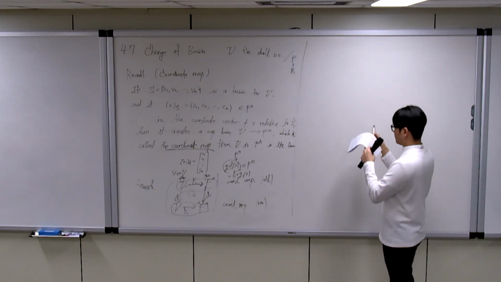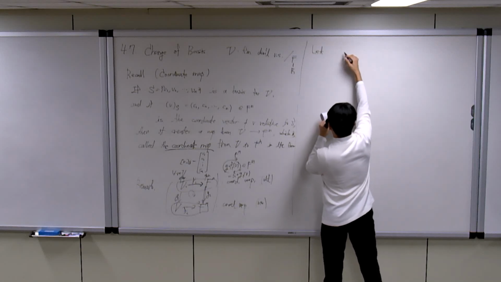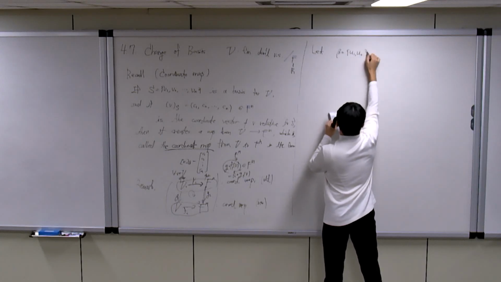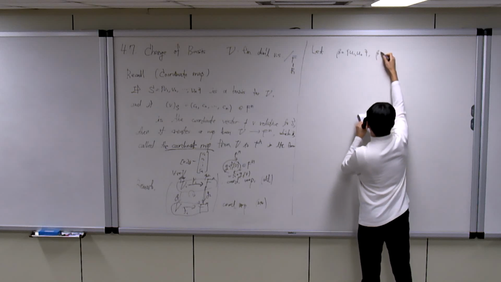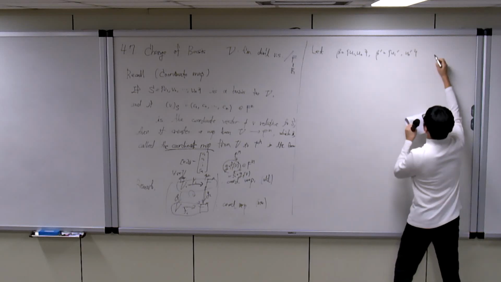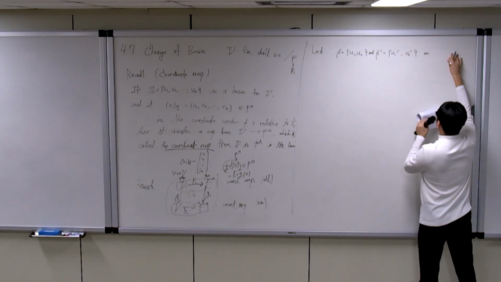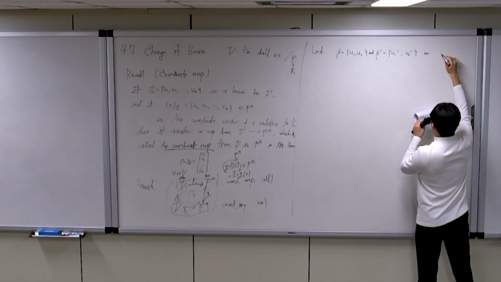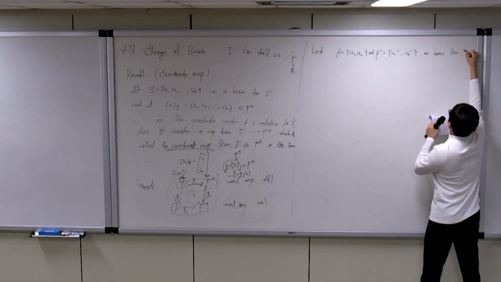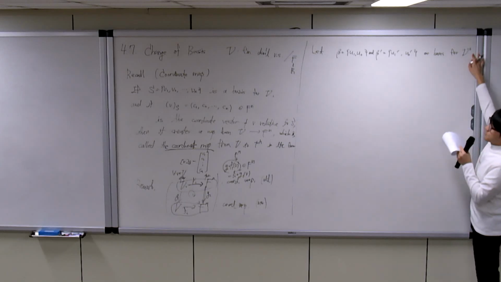Firstly, let's see that beta is u1, u2, and beta prime is u1 prime, u2 prime, are bases for a vector space V with dimension 2.